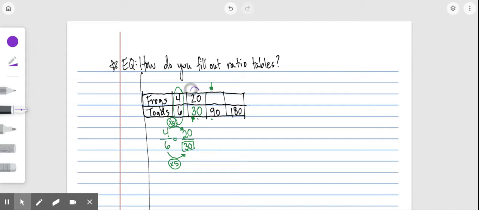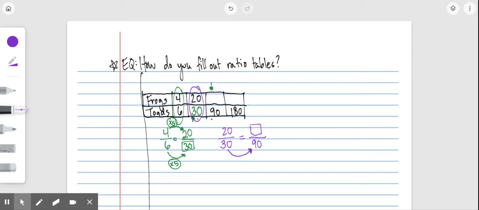So I'm going to start this time with this ratio. 20 frogs to 30 toads is equal to how many frogs for 90 toads? Okay. So this time I want to figure out how many frogs there are. So I look at this ratio relationship and I say, okay, well, how many groups of 30 toads are there in 90 toads?